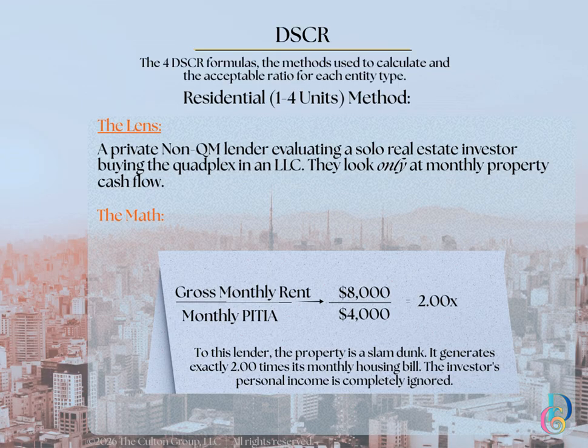So that's 8,000 divided by 4,000. That's an easy 2.0. To this lender, property is a slam dunk. It generates exactly 2 times its monthly housing bill. The investor's personal income is completely ignored.